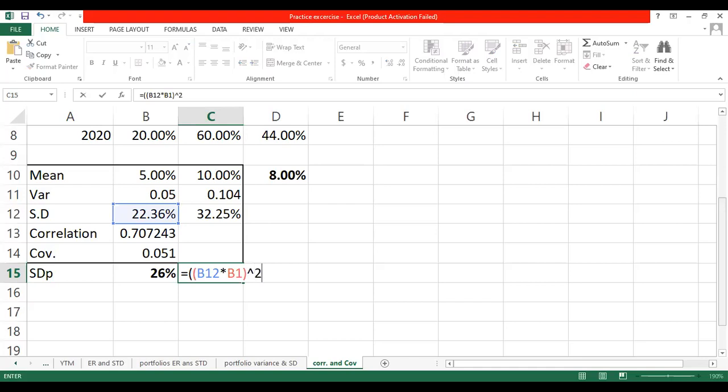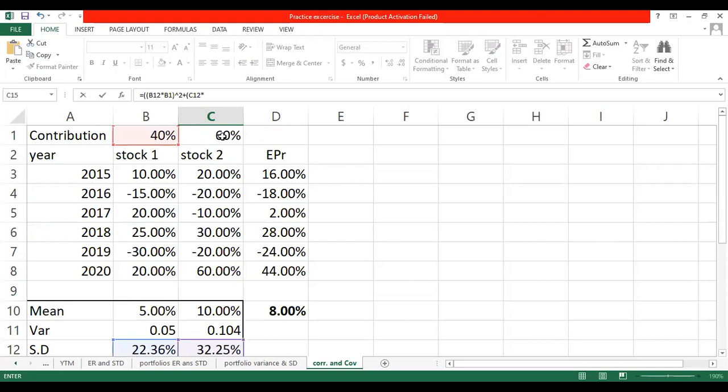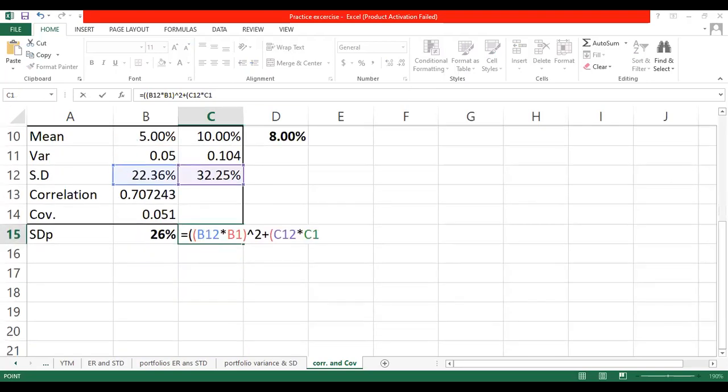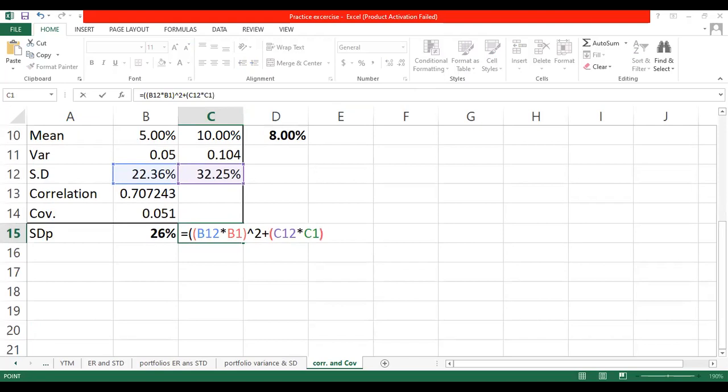Remember I told you, the weight of stock 1, standard deviation of stock 1, whole power square. Now plus, and again I will start bracket. Standard deviation of stock 2 multiplied by weight of stock 2. Bracket close, power 2.